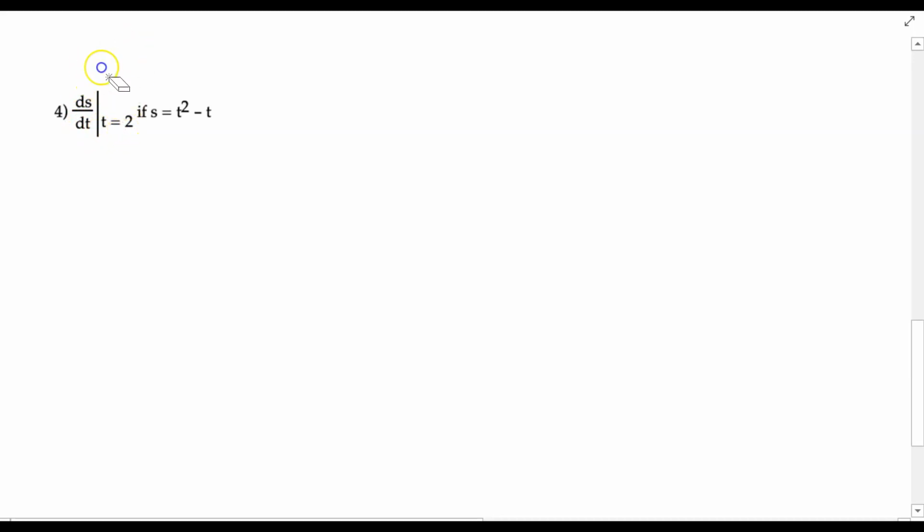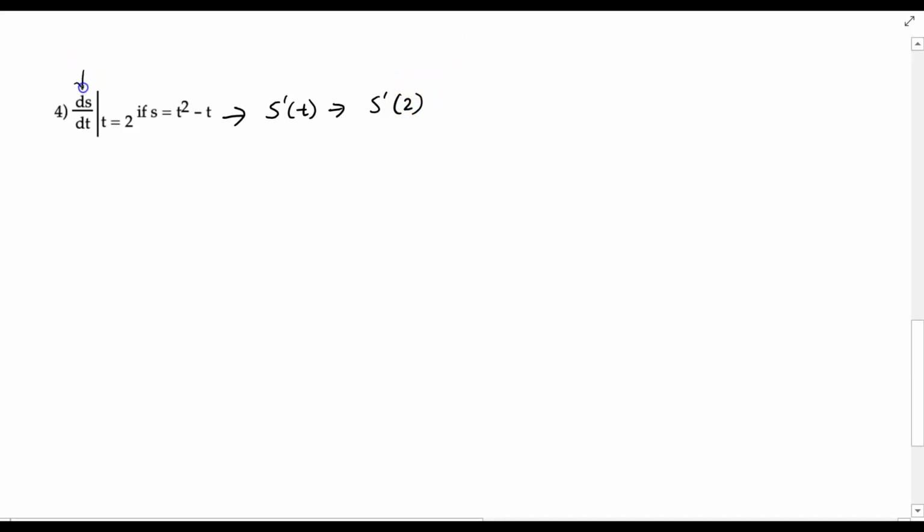What they're asking us, if we have this function s, is to find s prime of t, the derivative. And then they're asking us to find s prime of 2. So they want us to plug in 2 into the function of the derivative.